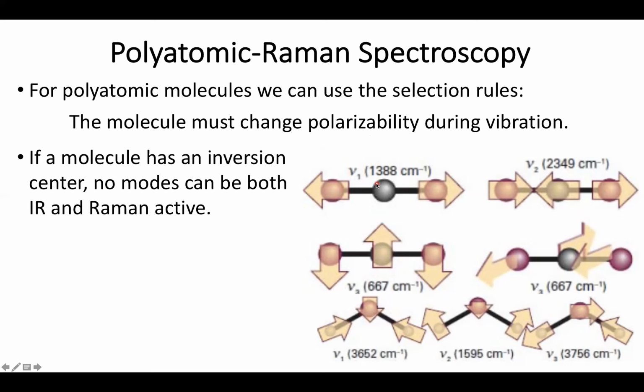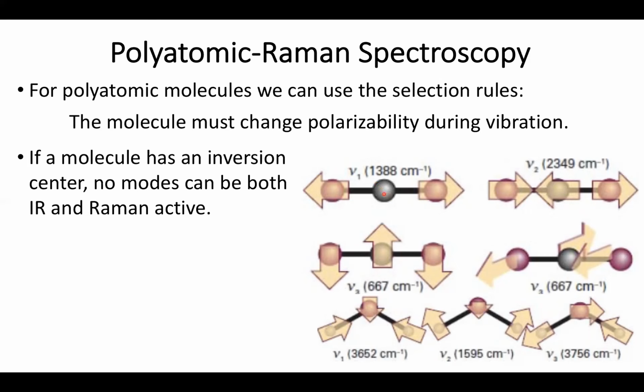And it turns out that this is going to be related to a special rule that says if a molecule has an inversion center, in other words, if it possesses inversion symmetry, it can't be both IR and Raman active. So CO2, great case, it has inversion symmetry.